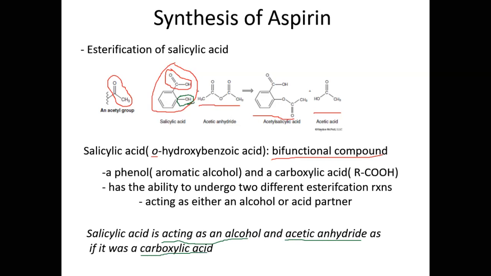So it's the OH group on salicylic acid that reacts with the acetic anhydride to form acetylsalicylic acid. So again, salicylic acid acts as the alcohol. Acetic anhydride behaves as if it was a carboxylic acid.